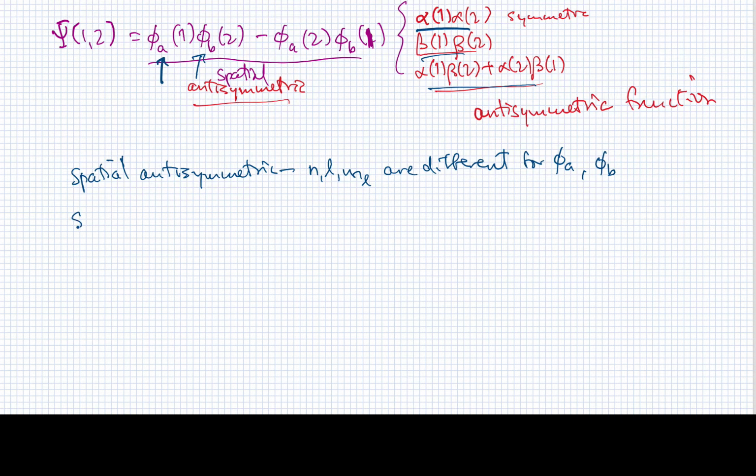All right. If the spin is antisymmetric, and this was the case on the other page, in that case, I had two 1s orbitals, so n, l, and m sub l are the same for the spatial part.